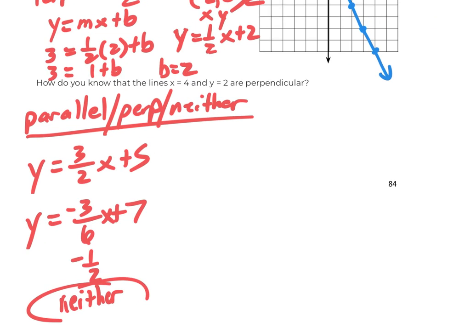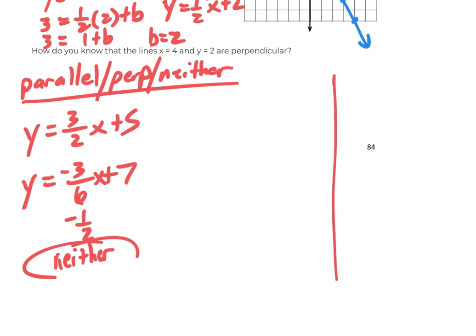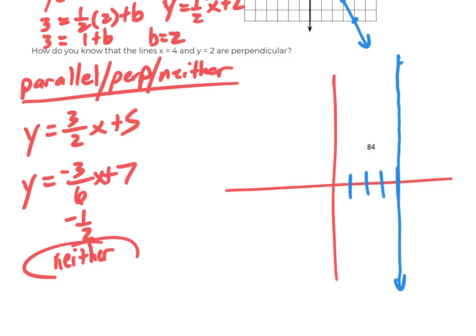But let's look at this last one. A vertical line and a horizontal line. If I were to graph a vertical line or a line of x equals 4, we've talked about that the last couple of days. This is the line x equals 4.